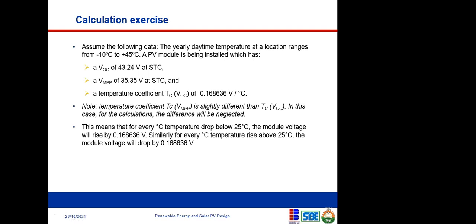Don't get confused. You have to understand where it is moving. Is it moving below 25, or is it moving above 25? That will determine if you're gaining voltage or losing voltage. So similarly, for every degree centigrade temperature rise above 25 degrees, the module voltage will drop by that same amount.